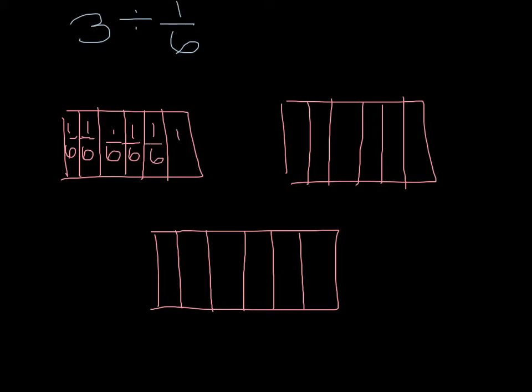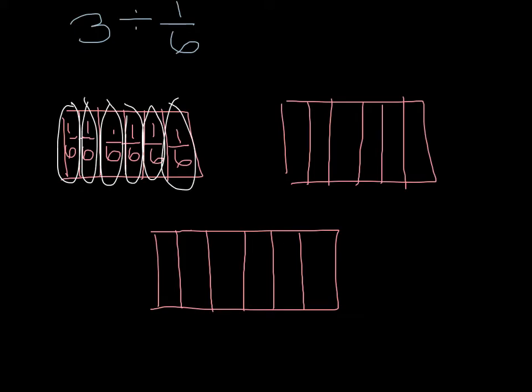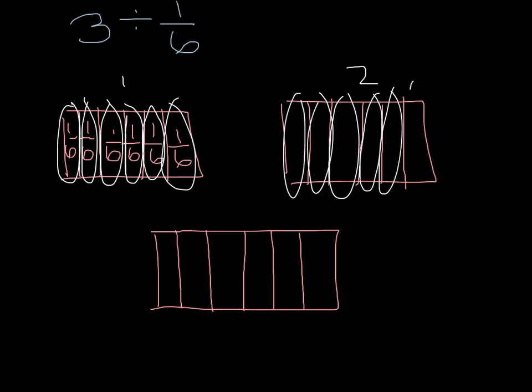So looking at this first whole right here, I have 1, 2, 3, 4, 5, 6. There are 6 1/6 in my first whole. Well, that's going to be the same for each of them. I know that because 1/6 means it's cut up into 6 equal parts. So in my second whole, I also have 1, 2, 3, 4, 5, 6.